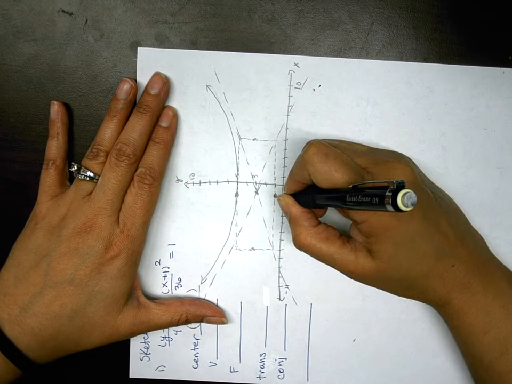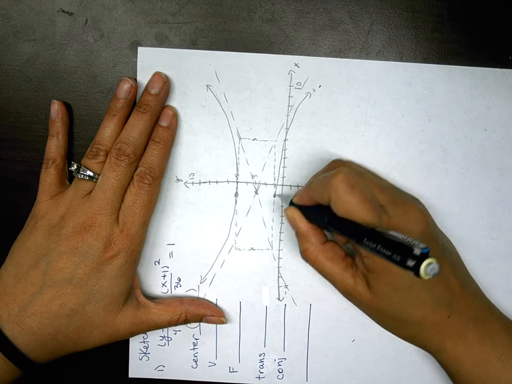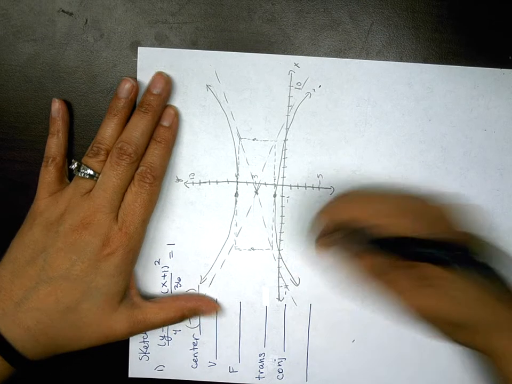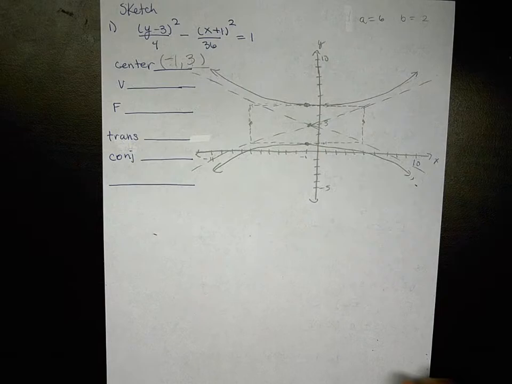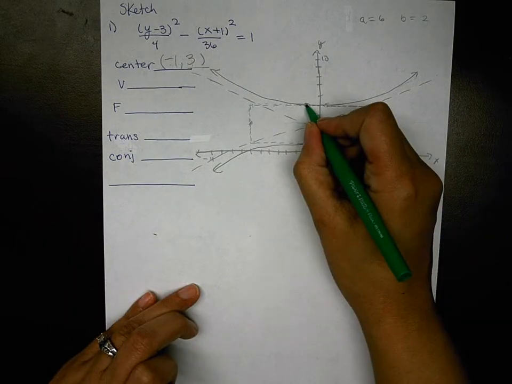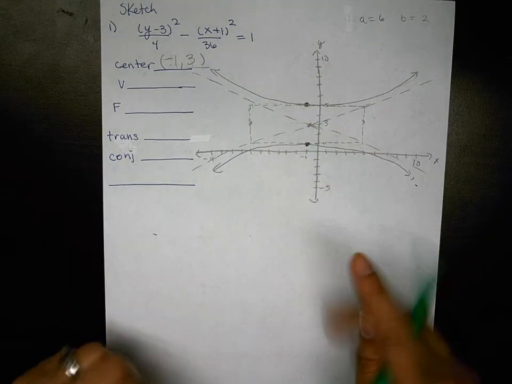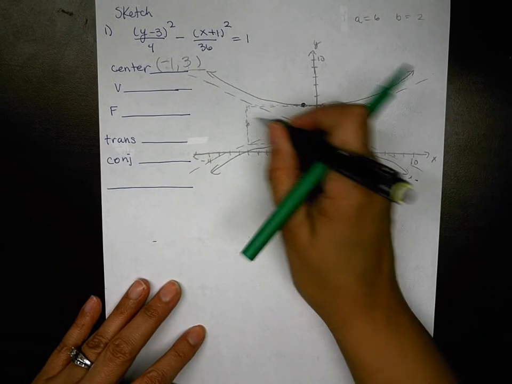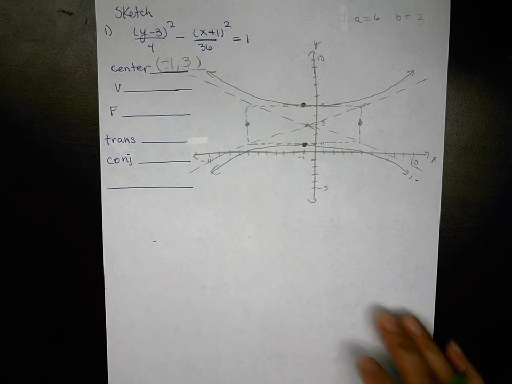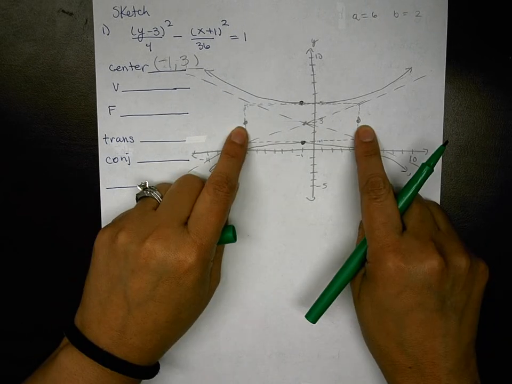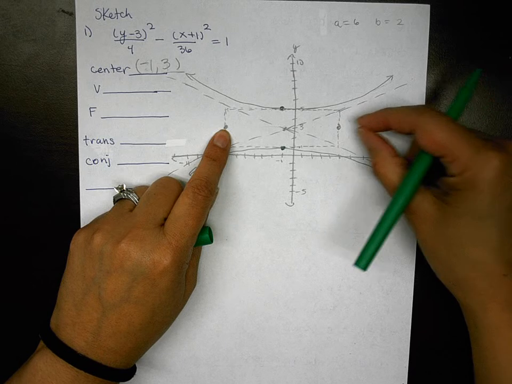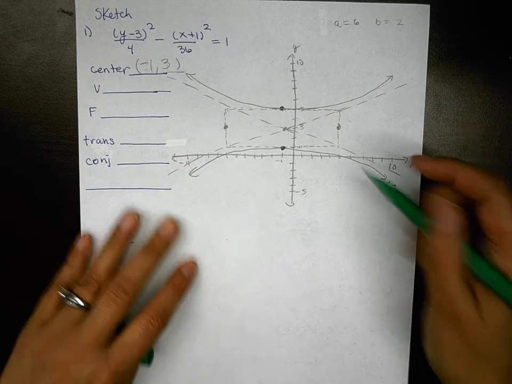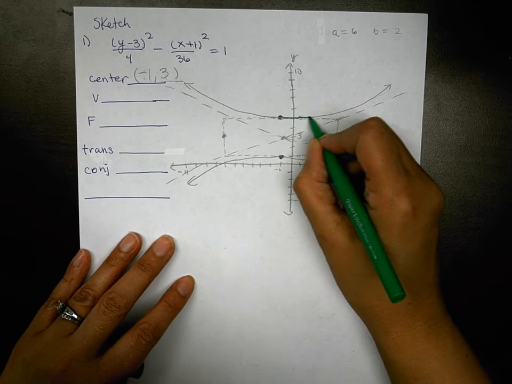If it was opening right and left, it would be pretty narrow. Okay, so I used the points when I went up and down, these points right here, versus these when I went right and left. Those are the 2 points right there, the co-vertices. If I was going right and left, I would be pretty narrow. Okay, so I'm just gonna put those in color.